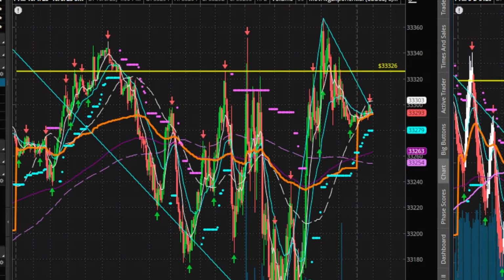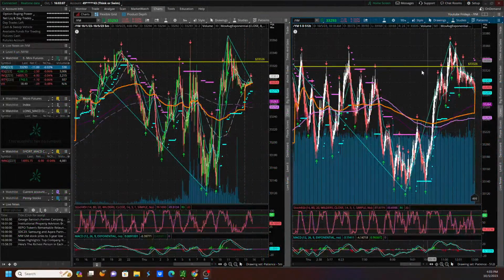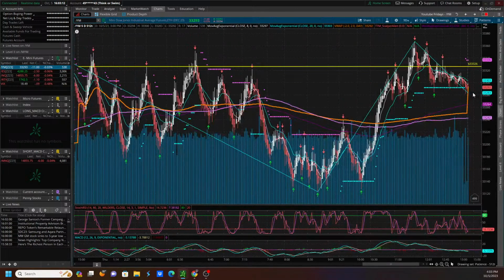What we'll do first is the right side, the tick-based side. I am going to maximize that screen. Again, the yellow line was the close from yesterday. We're going to look at the trade that would have made us the most profit.